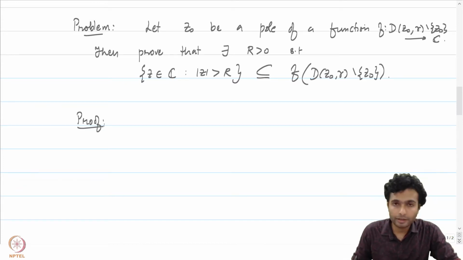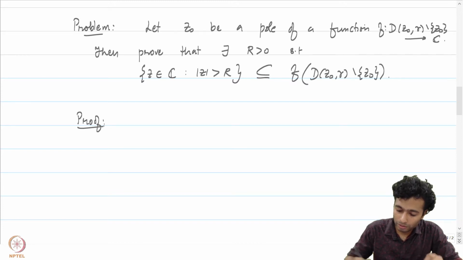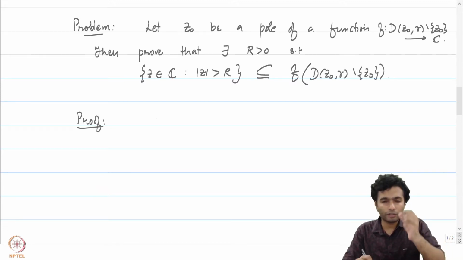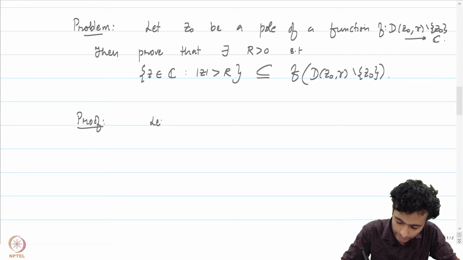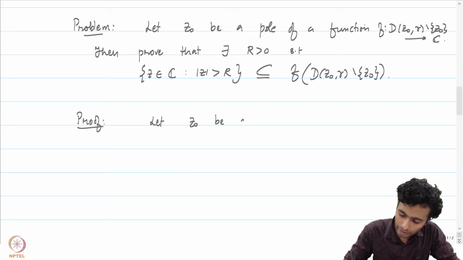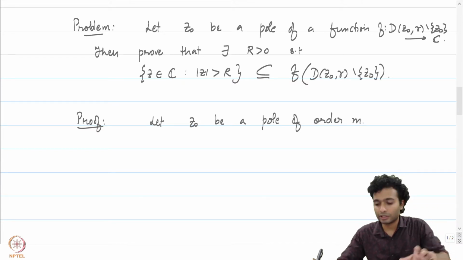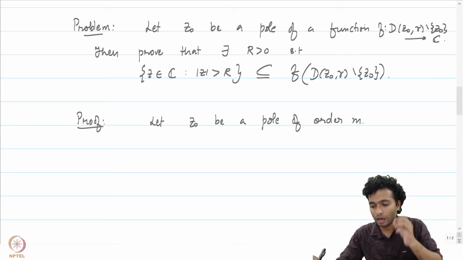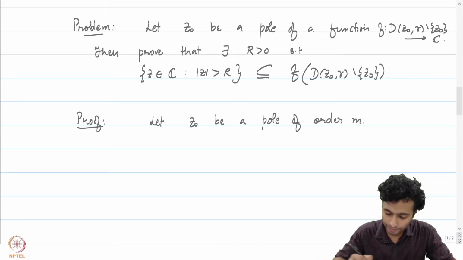If you go back and check the behavior of a pole, suppose our z0 is a pole of order m. We may assume without loss of generality that on D(z0, r) minus z0, f does not vanish.